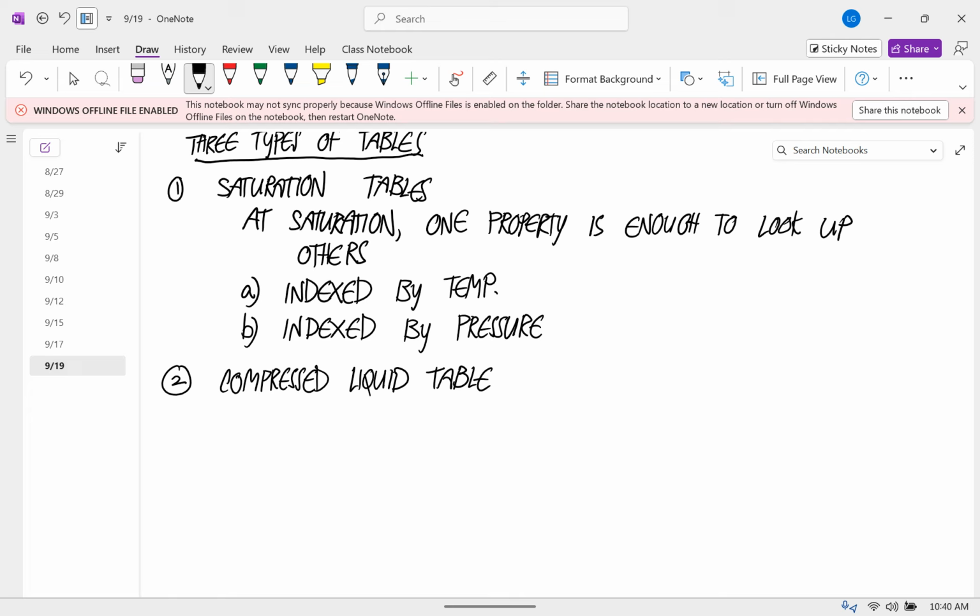For these, you need two properties to look up the others. How do you look up two-dimensional information in a table?